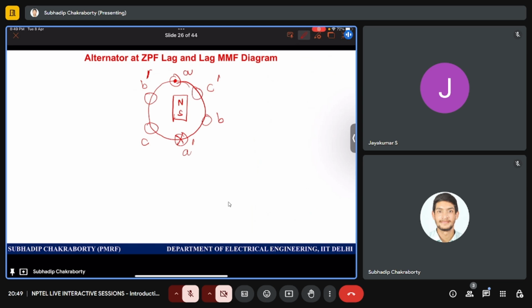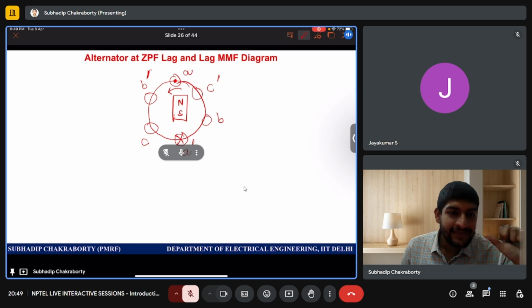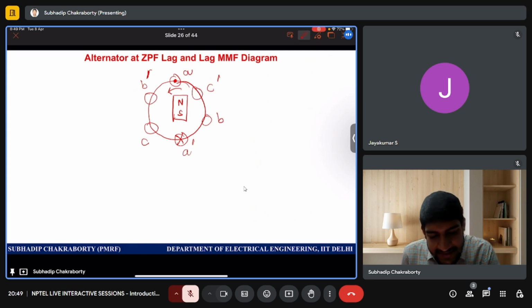If the rotation is in this direction, can you tell? Since current is lagging voltage, either by 90 degrees or by some amount, current will go to its peak a little later. Agreed, right? So this coil is now getting the maximum EMF. However, current is not maximum here. Current will be maximum at a slightly later part.